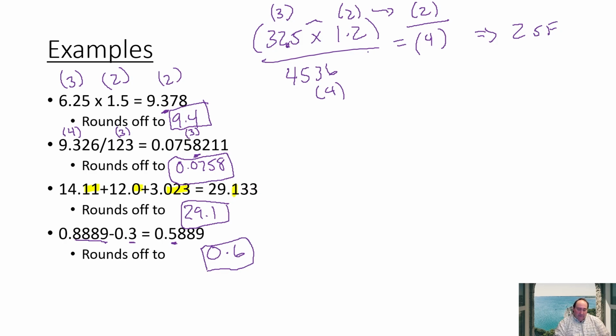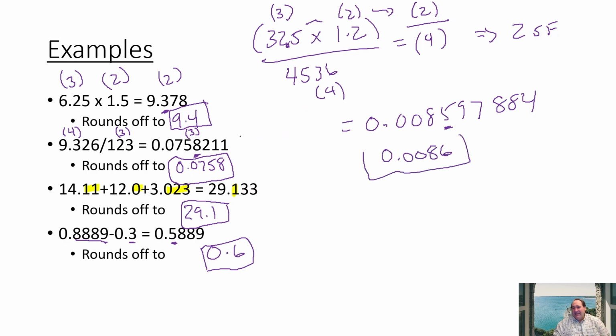So if we do that, 32.5 times 1.2 divided by 4,536 gives us this number, 0.008597884. So really we should end up right here, which means we should round to 0.0086.